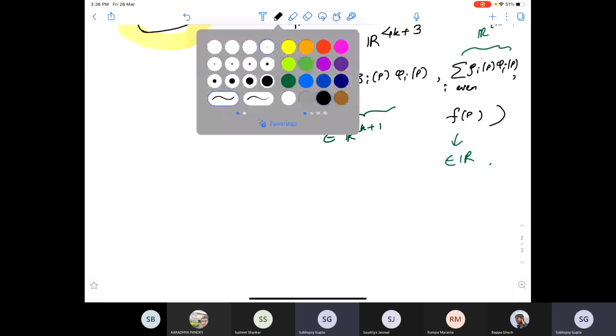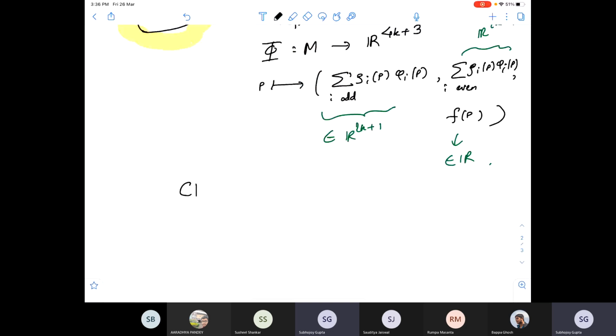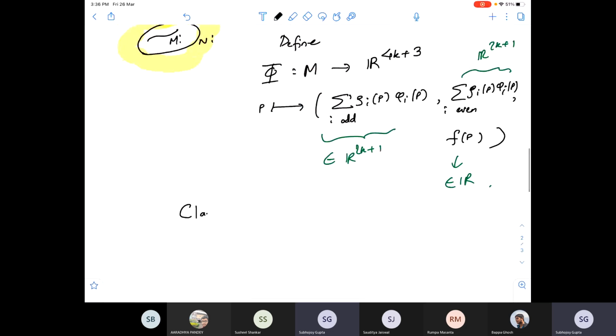Let me just write that down first. This is well defined. So the claim is that phi is an injective immersion. This is really the map we were looking for. The proof is that, first of all, it's injective. And why is it injective?